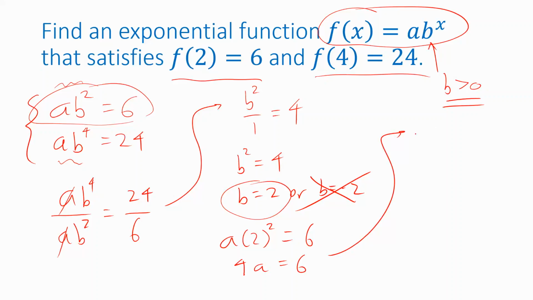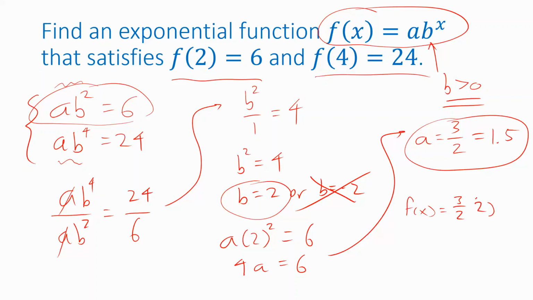I divide both sides by 4. I get 6 over 4, which we can simplify to 3 over 2, which of course would be the same as 1.5. You can write it either way in this problem. I now have a and b, so I can put it all together to write down the exponential function. In this case, f of x is 3/2 times 2 raised to the power x.